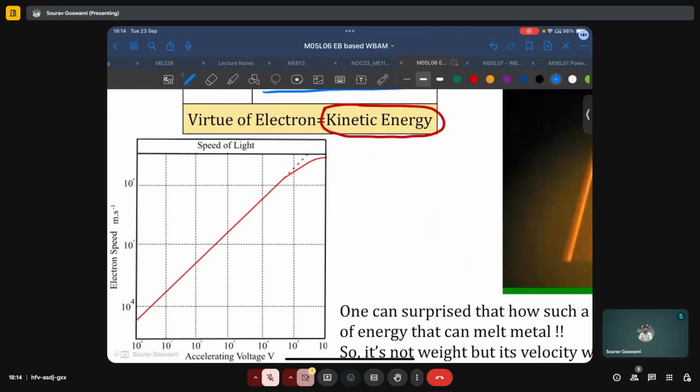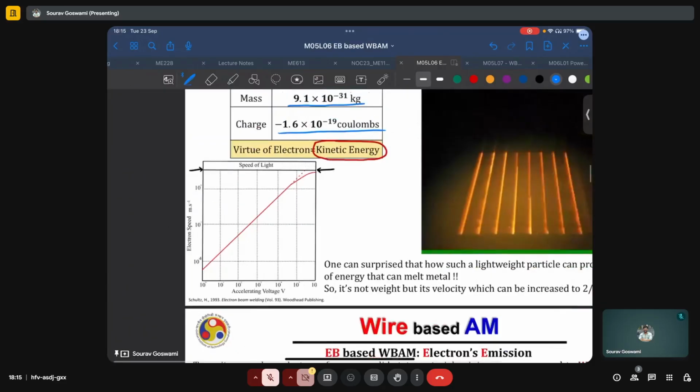This black line at the top is the speed of light, which is the theoretical limit of highest speed which can be achieved by any body in our universe. And we see that for sufficiently high accelerating voltages, typically say of the order of 10^5 or 10^6 volts, electrons can be accelerated to a speed which is very close to the speed of light. It will never attain a speed which is equal to or greater than the speed of light, but it can get close.